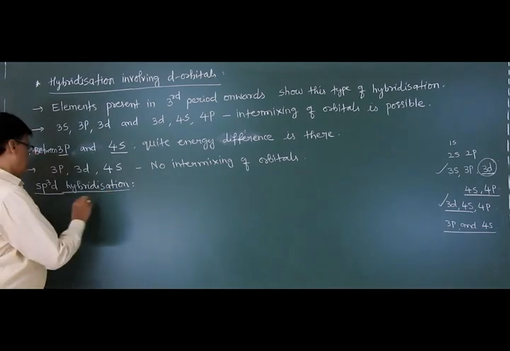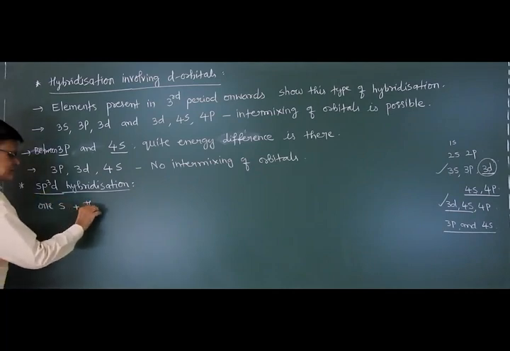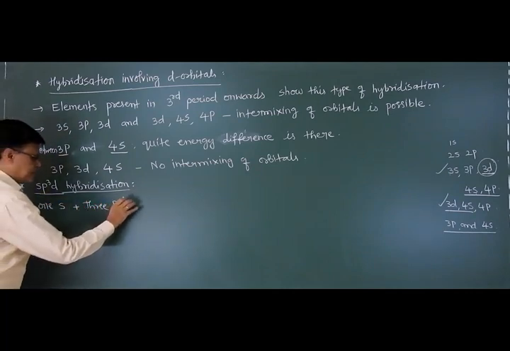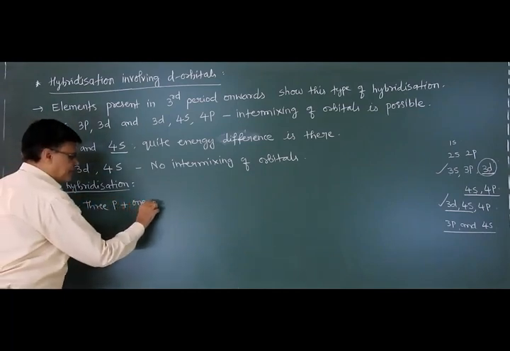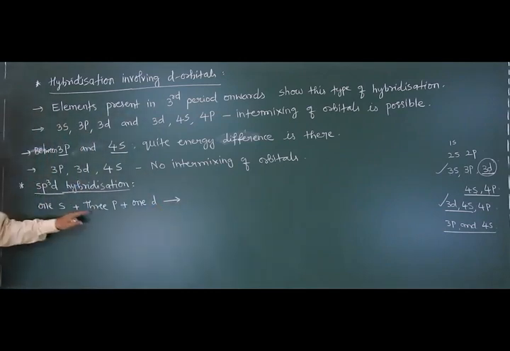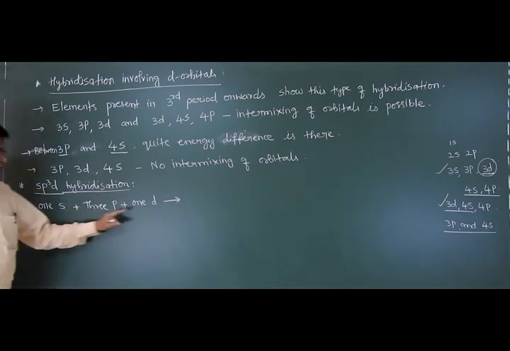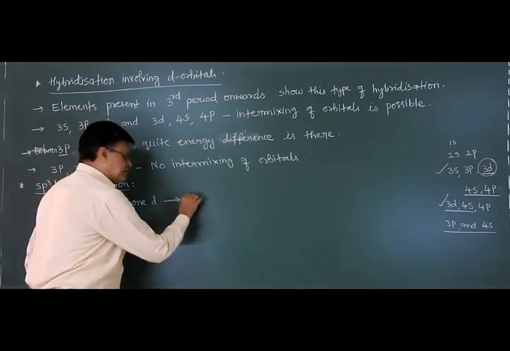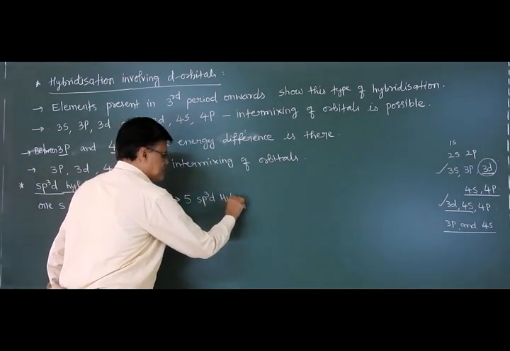Write down here: 1 s orbital, 3 p orbitals, and 1 d orbital undergo mixing or intermixing to form 3 plus 1 is 4, 4 plus 1 is 5, 5 sp3d hybrid orbitals.